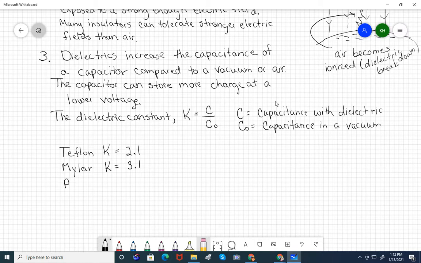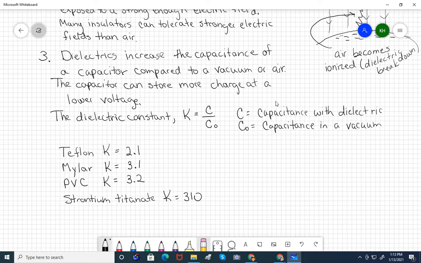And PVC, polyvinyl chloride, used to make pipes and things, has a dielectric constant of about 3.2. There is a material called strontium titanate that has a dielectric constant of 310. So almost impossible for that to break down.